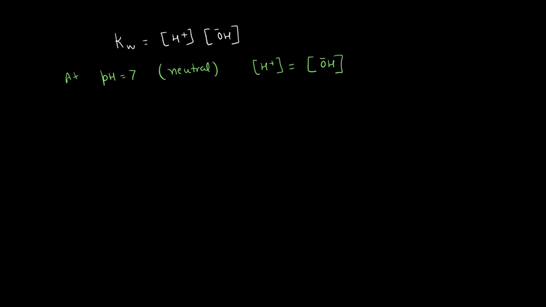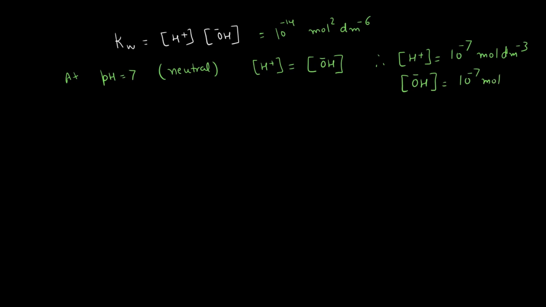As we know that Kw is 10 to the power minus 14 mol² dm^-6, therefore H+ ion concentration will be 10 to the power minus 7 mol dm^-3, and OH- ion concentration will also be 10 to the power minus 7 mol dm^-3. If you multiply 10 to the power minus 7 with 10 to the power minus 7, you will get 10 to the power minus 14.